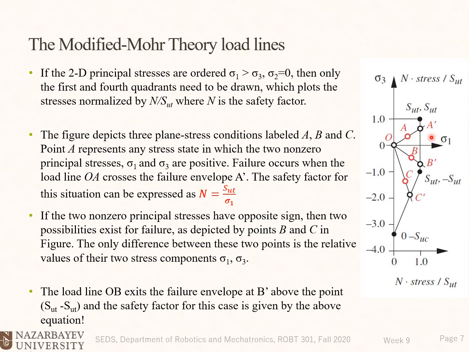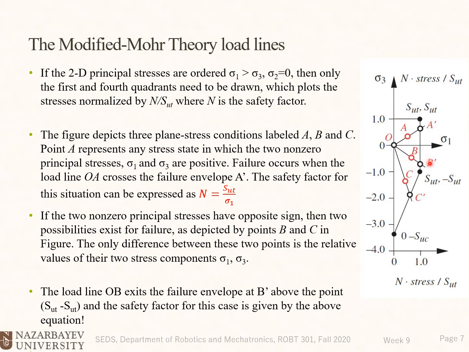In real examples, when we find sigma 1 and sigma 3, the load line could happen to be in 3 regions. For example, it could be at point A, or it could be at point B or point C. So you see, when we increase the applied or external loads, on this load line we intersect the border at point A prime.